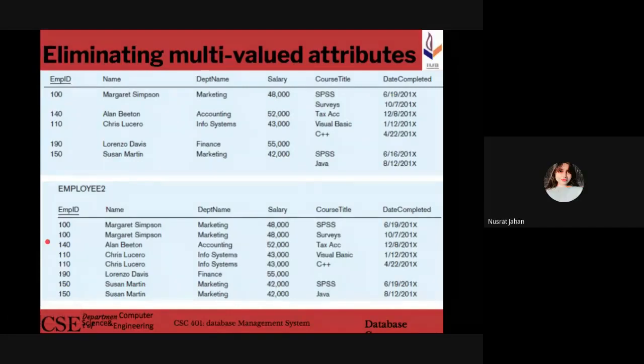No. Unique মানে কি? একটা single emp ID value একটা single row কেই represent করবে. That's what it means to be unique. All right? But that's not what's happening here. এখানে তো হচ্ছে কি আমার এই emp ID 100 is representing maybe 2 rows. It's not unique anymore. So actually, the rules are still not being followed.